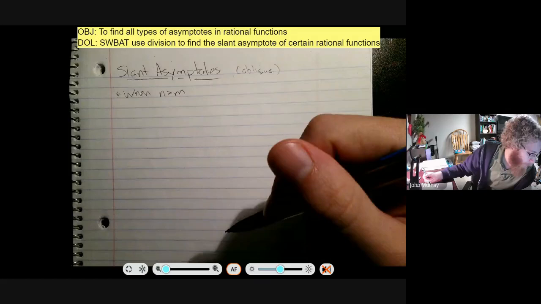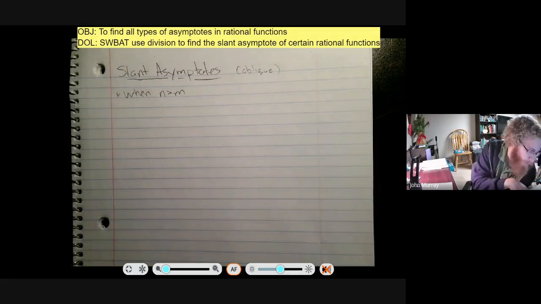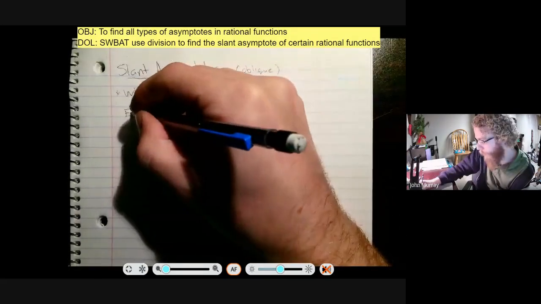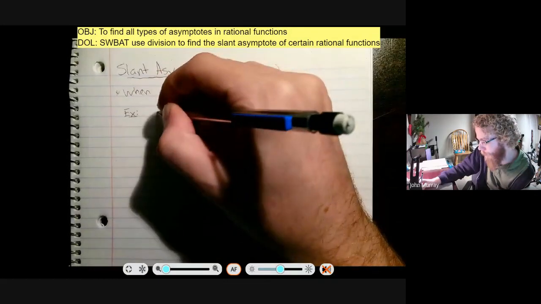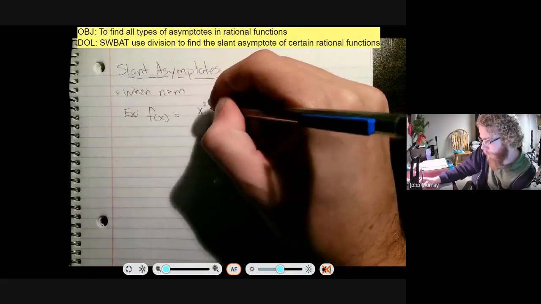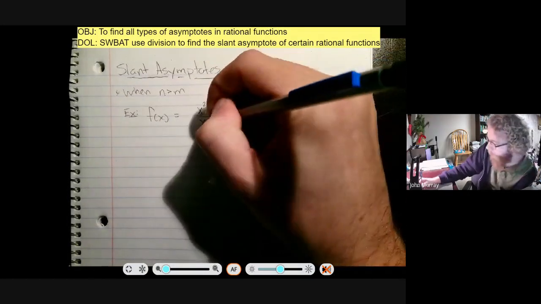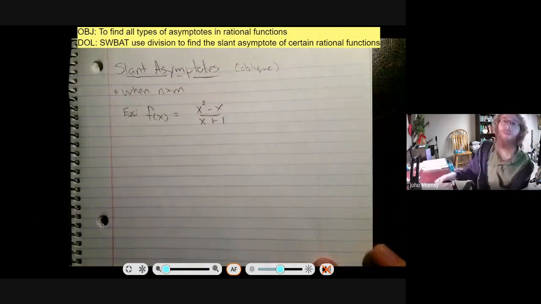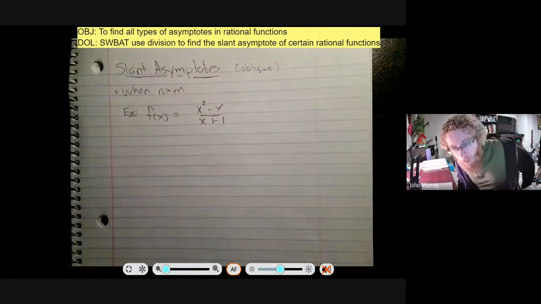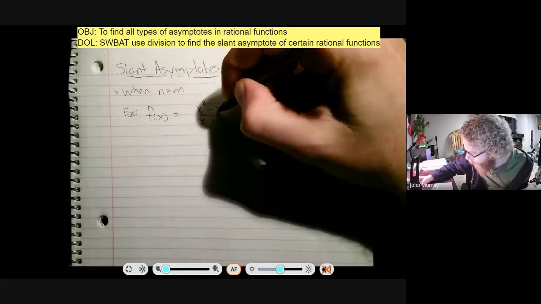So let's jump right into a problem. Let's take a look at the function x squared minus x over x plus 1.